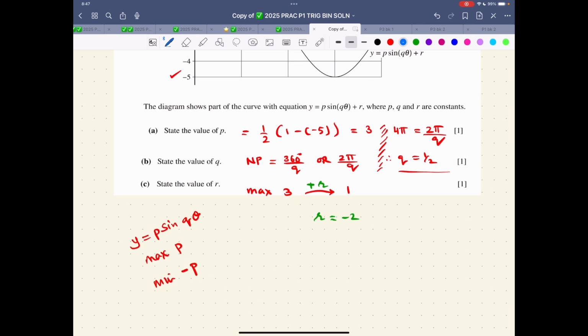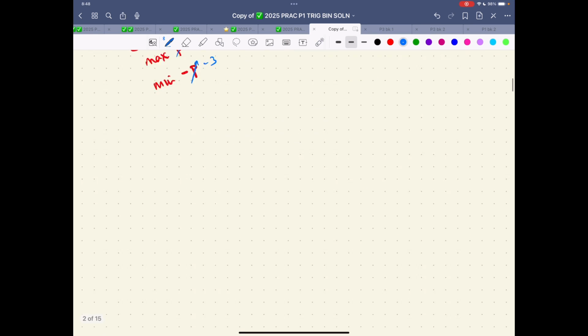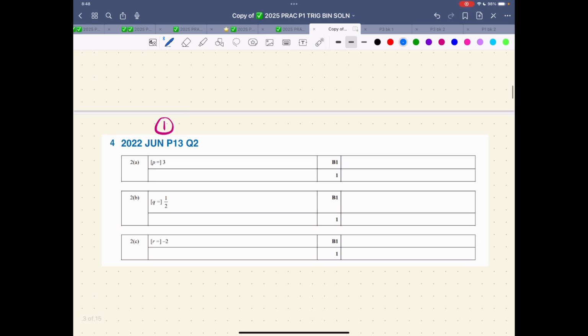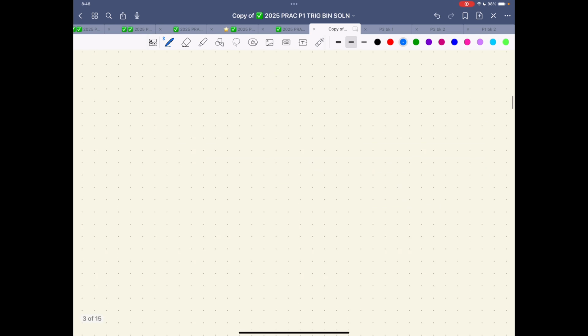That means if the value of p is 3 over here, this would be 3, this would be -3, but 3 is becoming what? 3 is becoming 1. How is it becoming 1? Because it is climbing down 2 steps, therefore the value of R is -2. That's the working. That's the mark scheme, 1 mark for each. And then let's move on.